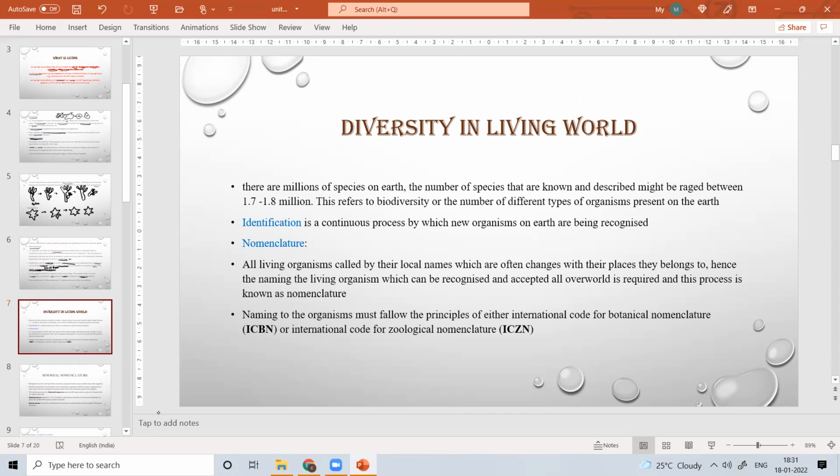The diversity in the living world. Here we have millions of species on our earth. The number of species that are known and described might range from 1.7 to 1.8 million. So these are only the known and described ones.